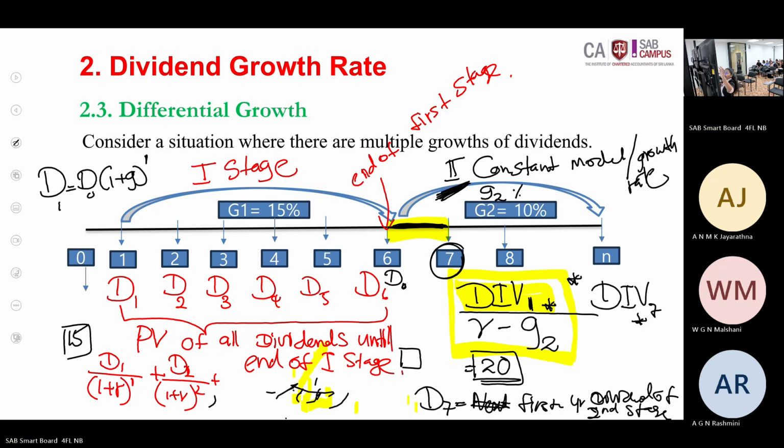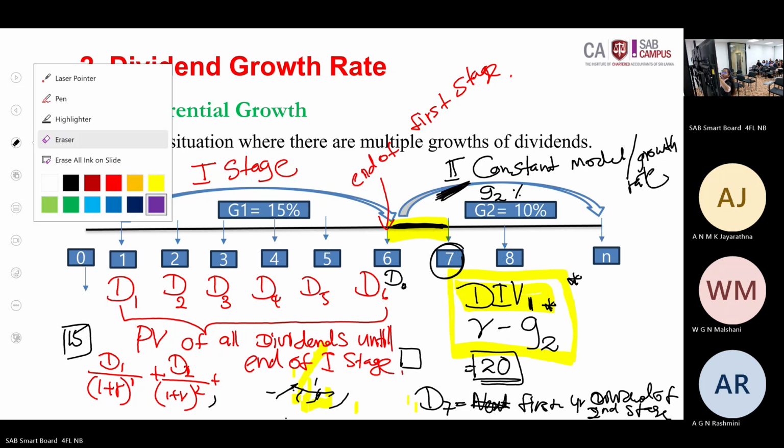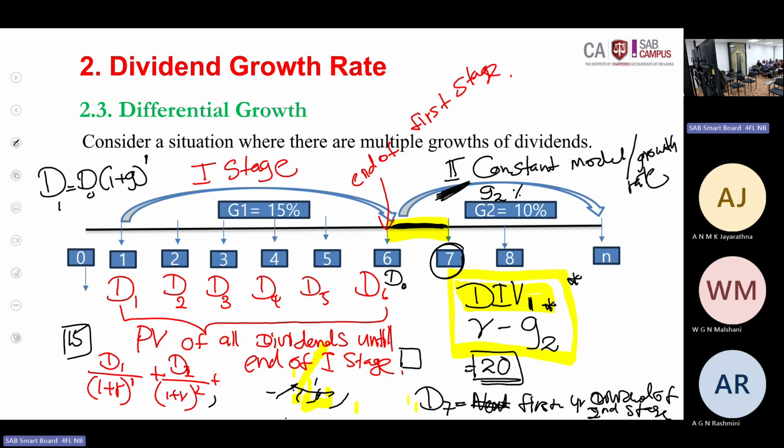So then we have another formula. You have to multiply this answer, this is your second stage value, by 1 divided by 1 plus r to the power how many years?